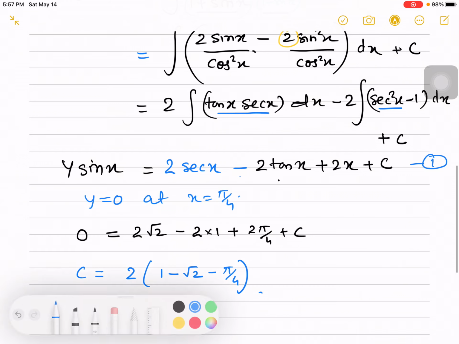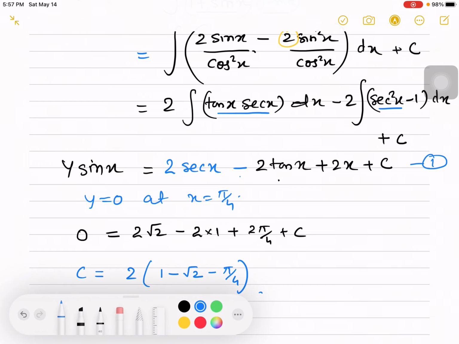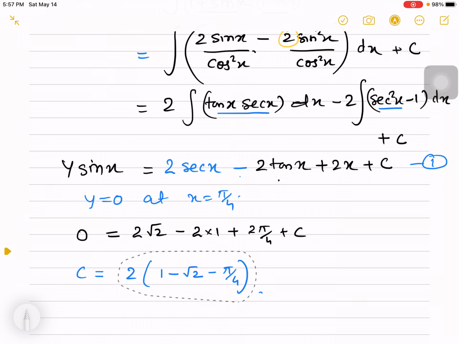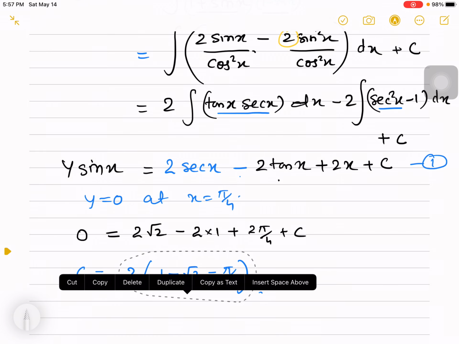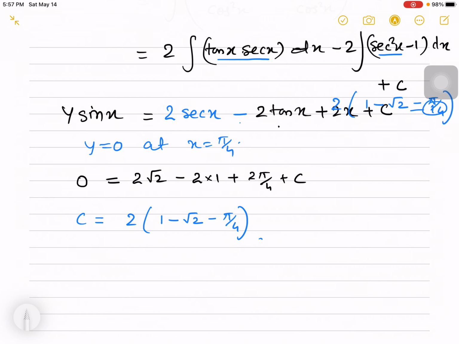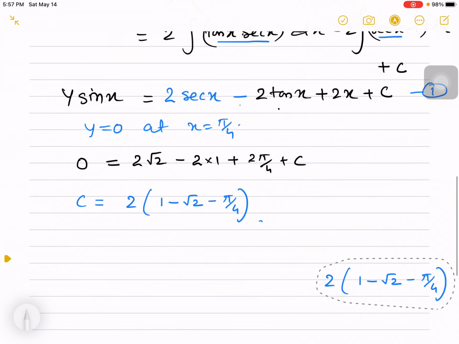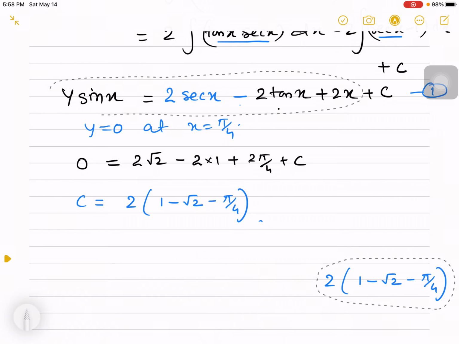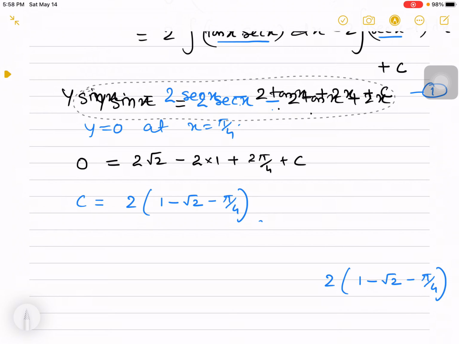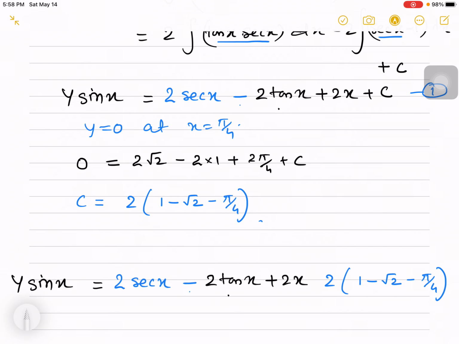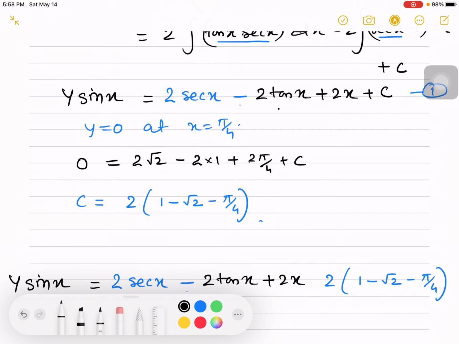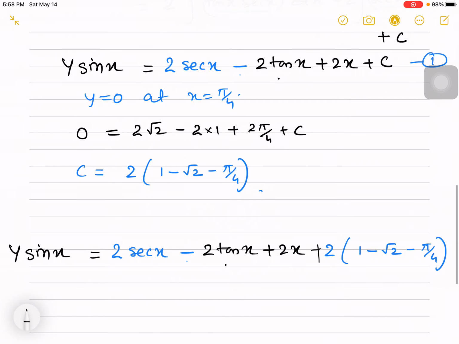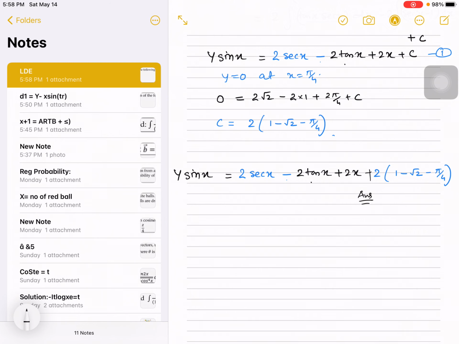In place of c in the general solution, we will put the value of c, and the remaining solution will be the same. So now this will be the solution for this differential equation. This is the answer. In this way, this question will be solved.